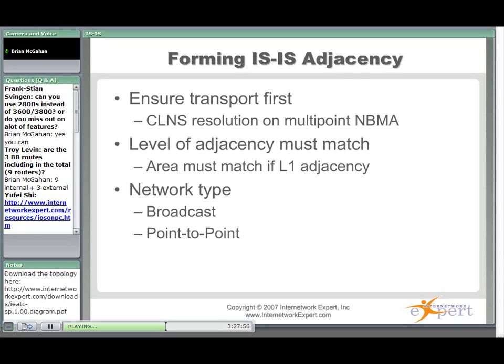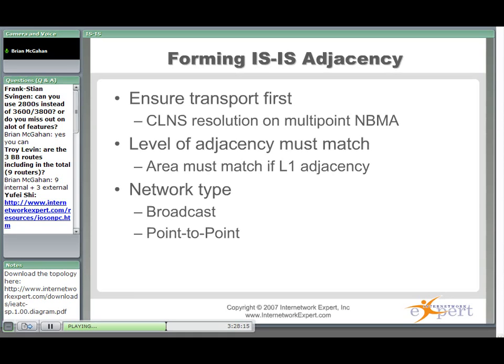But with multipoint non-broadcast medias, so if we had a main interface in frame relay or ATM doing PVC configuration, then we would have to do static resolution for the CLNS stack. And we'll see this when we go ahead and do an example of IS-IS on the command line.